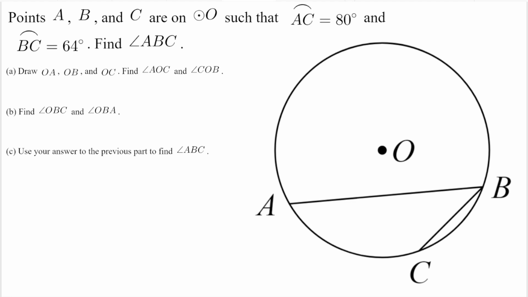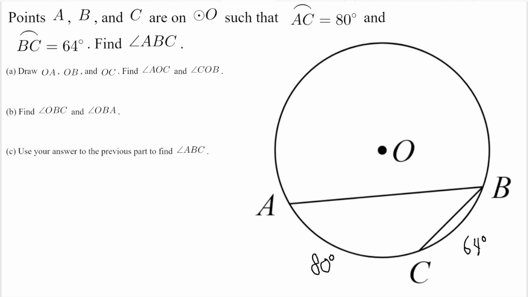So we're first going to tackle this problem right here, where we have a circle with points A, B, and C on this circle, the circle with center O. The arc AC has a measure of 80 degrees, and the arc BC has a measure of 64 degrees.